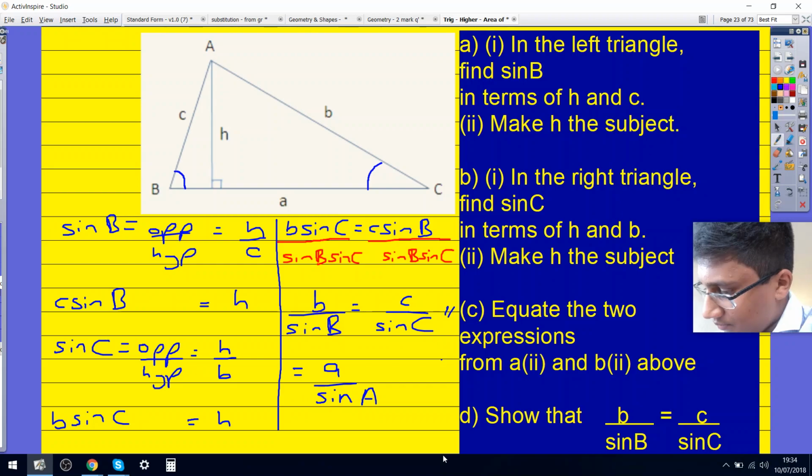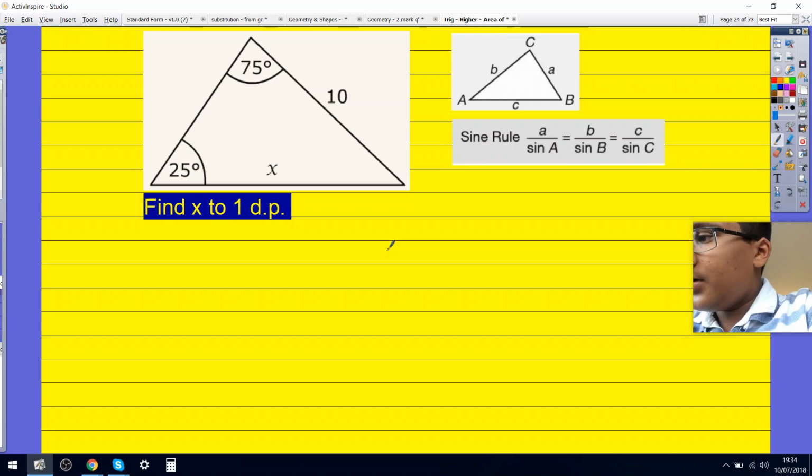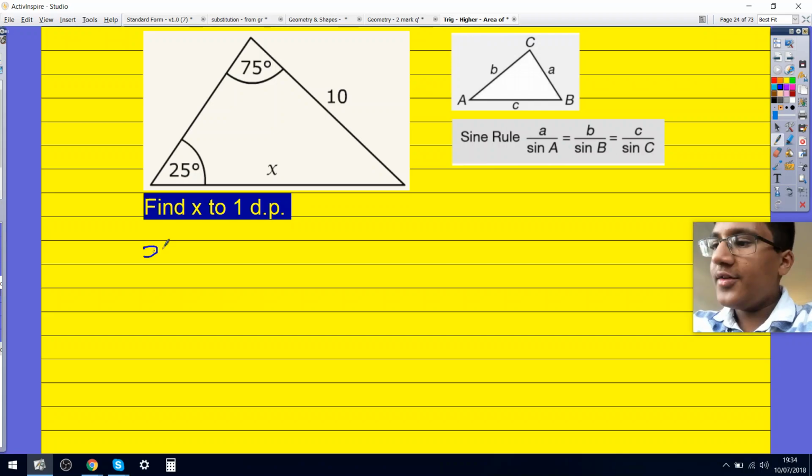Okay, so this is the formula that's given to you. Find the length of x to one decimal place. Using that rule, A over sine A equals B over sine B. So x over sine 75 equals 10 over sine 25.